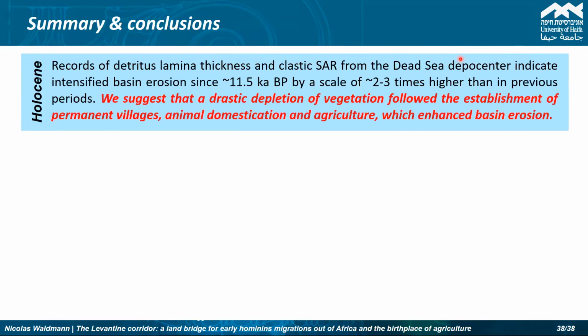We suggest that such a drastic depletion of vegetation and change in the sedimentation pattern followed the establishment of permanent villages, animal domestication, and agriculture, which all enhanced the basin erosion.